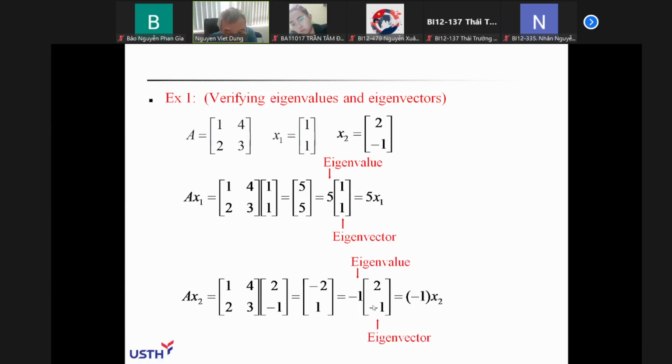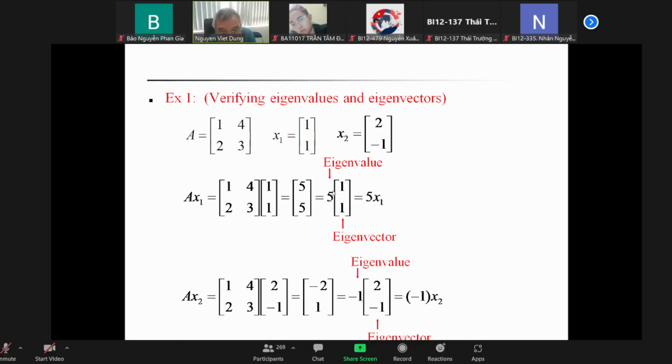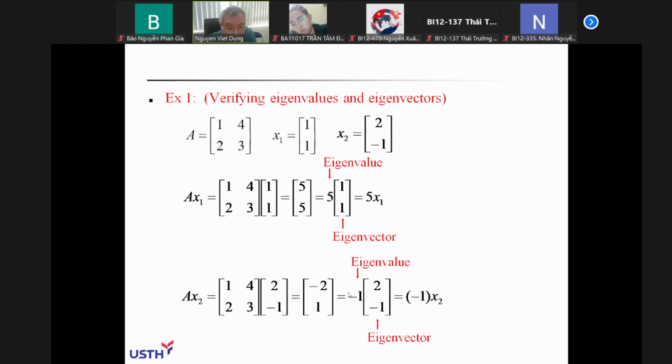Now you should pay attention: that eigenvector corresponds to the eigenvalue -1. That vector is not an eigenvector corresponding to the number 5; it corresponds to the number -1 only. So now we have examples of eigenvalue and eigenvector.